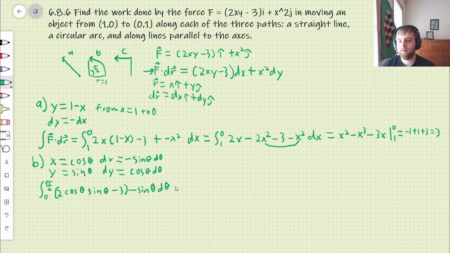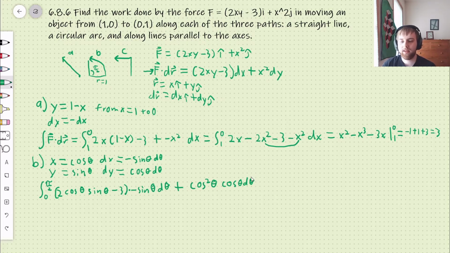And then the second part of it is cosine squared theta times cosine theta d theta.